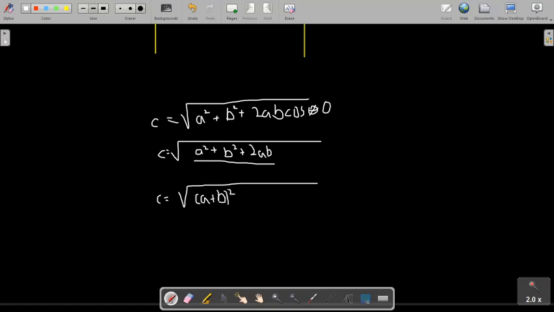These are the magnitudes of the respective vectors, and this power of 2 cancels out with the radical sign, the square root. So we get the magnitude of c as a plus b, and that's simply the magnitude of the first vector plus the magnitude of the second vector.